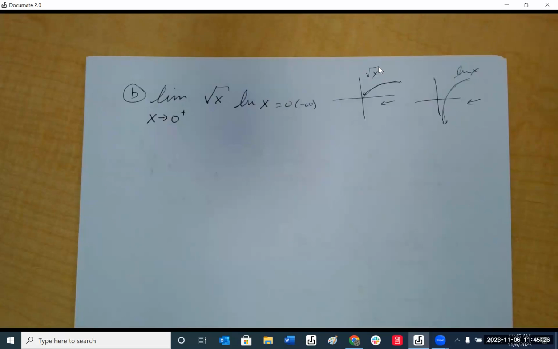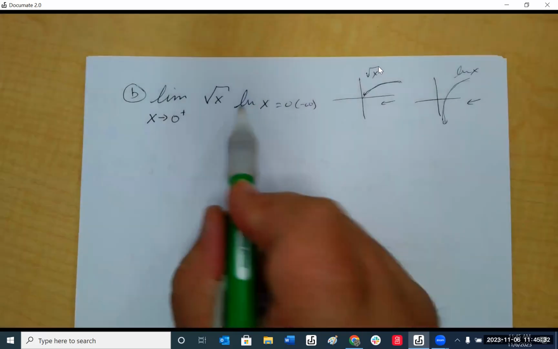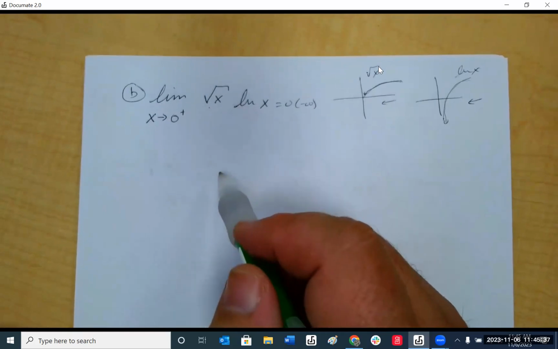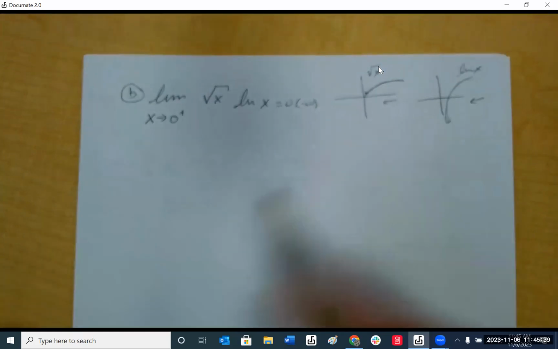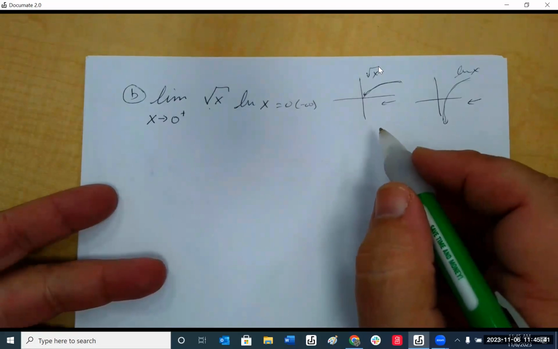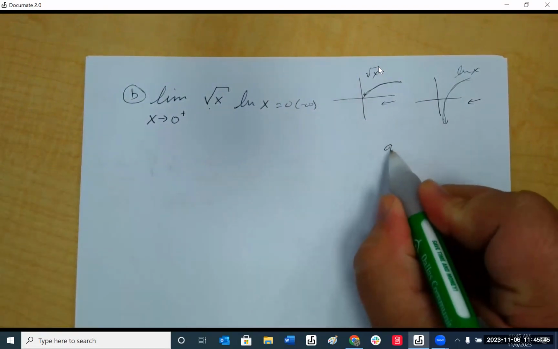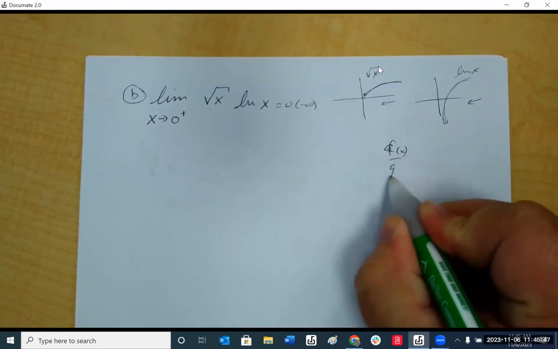So we've got to do L'Hopital's rule. But again, we can't do it right here, it's a product. Because remember, we have to have a rational expression. It's got to be f of x over g of x.